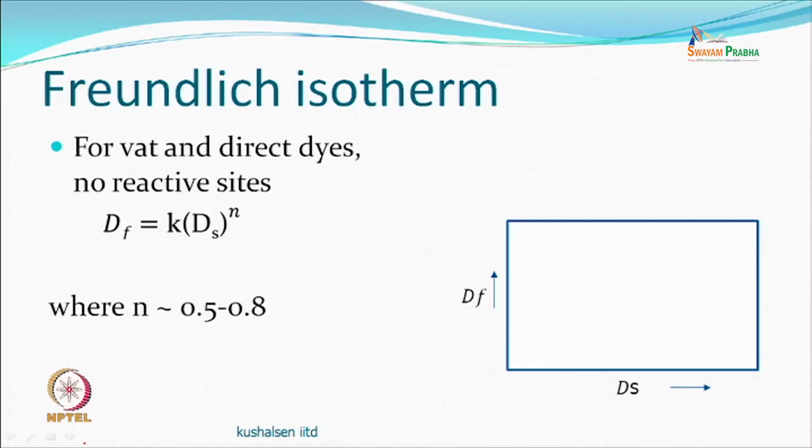Freundlich does not take into account that there are a limited number of sites and therefore the dye cannot go. It believes that there is an amorphous region where the dye will keep going. Amorphous and crystalline regions are interdispersed uniformly, and therefore the dye would keep on going, but the rate of diffusion would depend on how much dye the fiber initially has and how much the solution has.